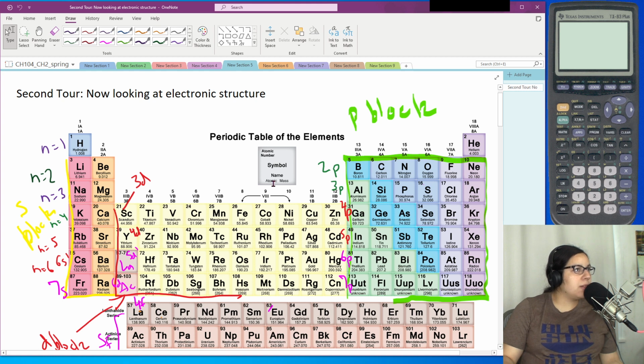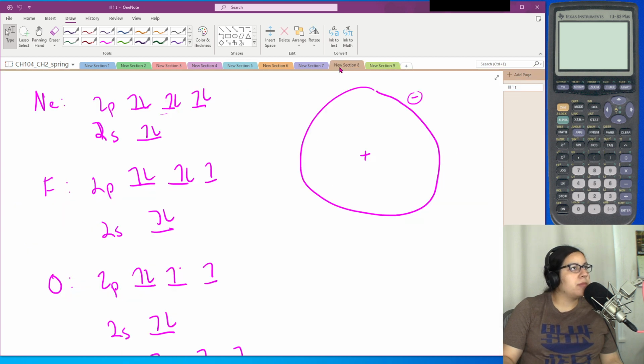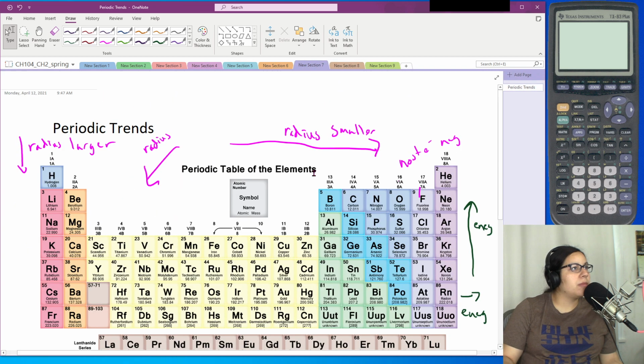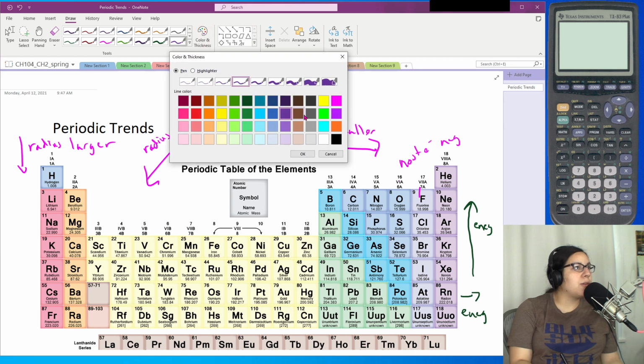And then what would you expect it to do as you go across and you start filling in those electrons? So we were talking about the radius getting smaller. If the radius is getting smaller, exactly, it's going to be increasing as we go across.